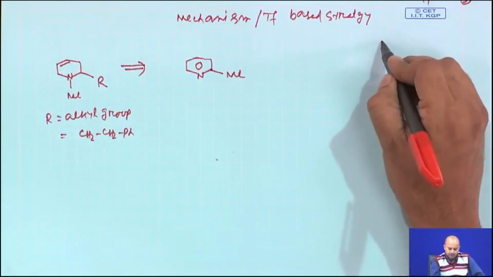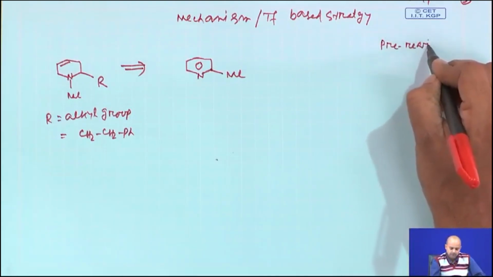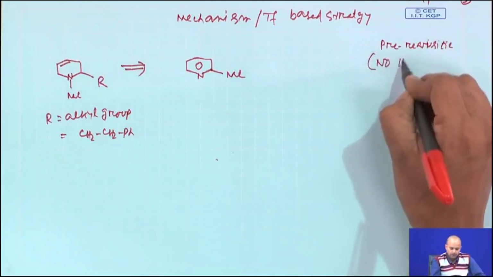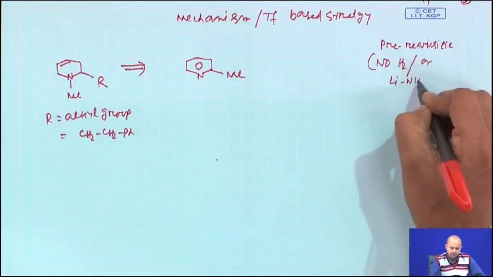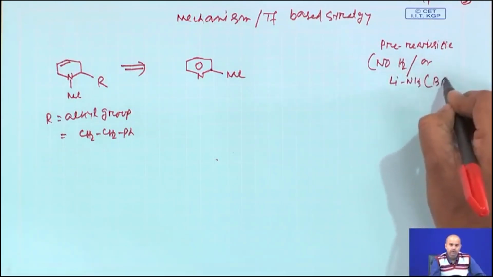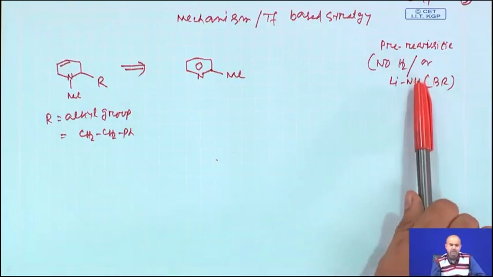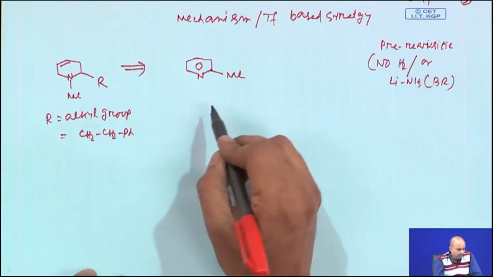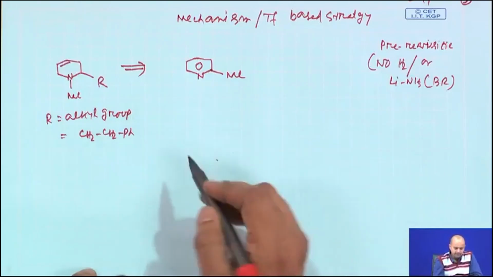I am giving you a prerequisite or precondition, that no hydrogenation or lithium liquid ammonia like Birch reduction you can use. So, this is an absolutely important prerequisite. So, you cannot use something like this. Now, this particular problem was solved very nicely.